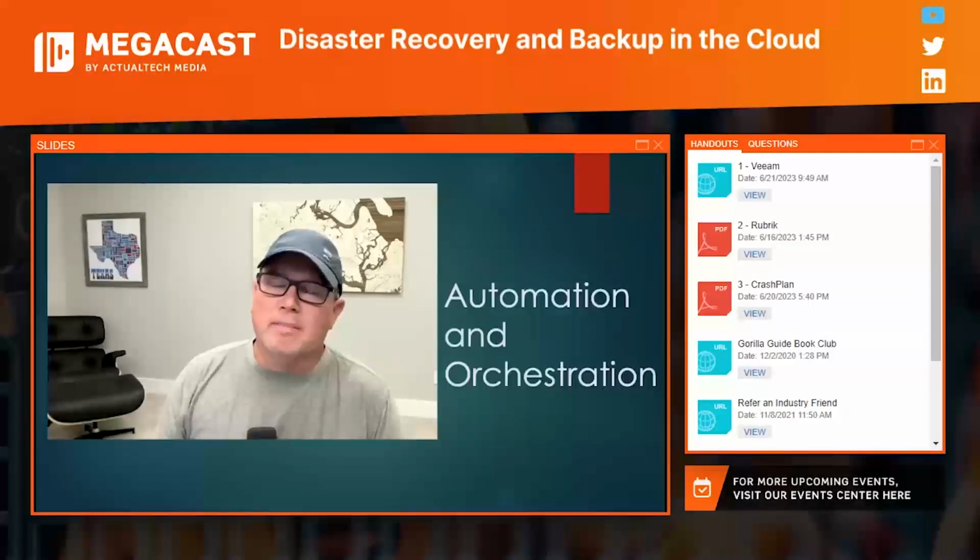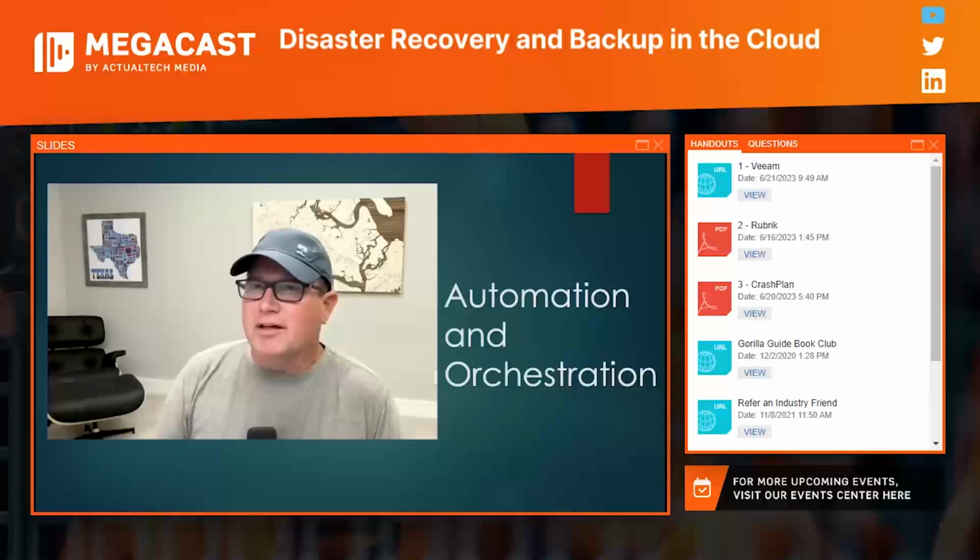And then there's, of course, automation and orchestration. These types of features, built into many cloud data protection offerings can help to ensure that not only is your data protected, but that it also has the integrity that you need. You need to have that assurance, that confidence that when you flip the switch and you turn on your critical servers running in the cloud, that they're actually going to work, right?